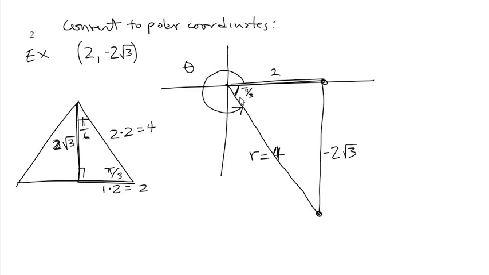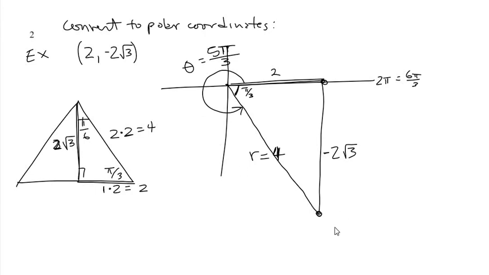And if this reference angle here is pi over 3, then what's this big angle? Well, it's pi over 3 less than a whole rotation. A whole rotation is 2 pi, which is 6 pi over 3. And so since this is pi over 3 less than that, it must be 5 pi over 3.